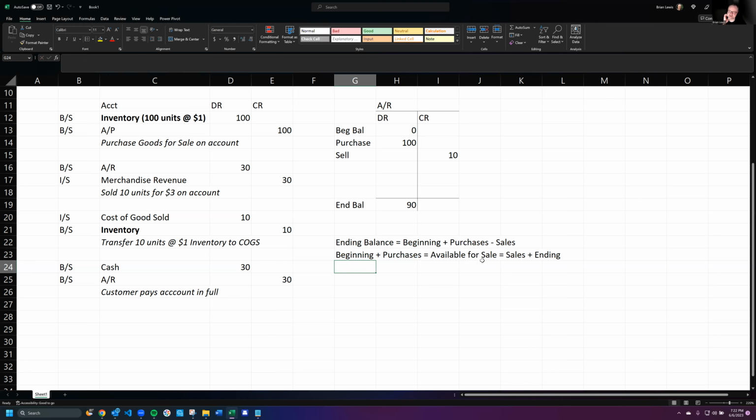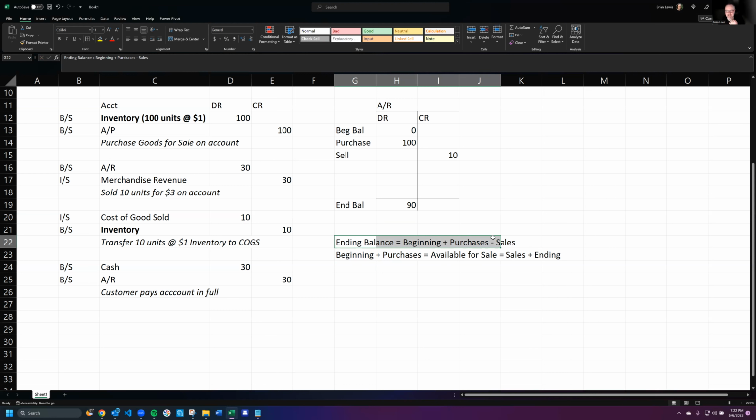So they'll trick you sometimes. They'll give you a couple of these pieces of information and ask what's available for sale. Well, you have to figure out what pieces of information you have and then solve for the variable. This formula always confuses folks, so I like to use this one.